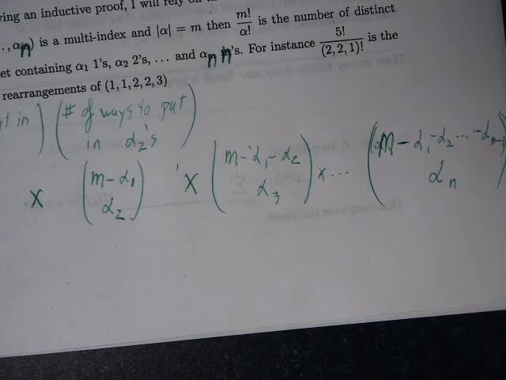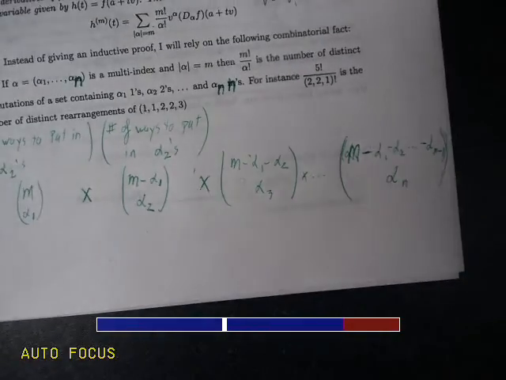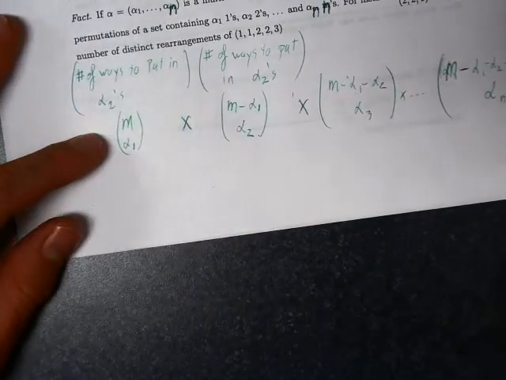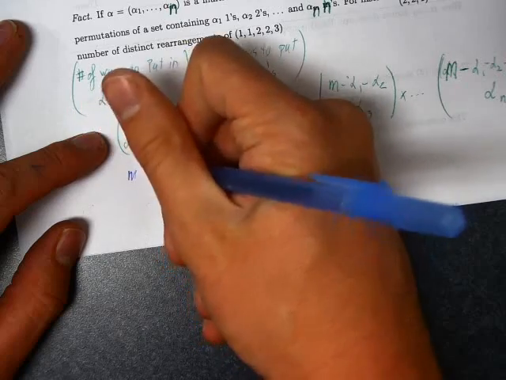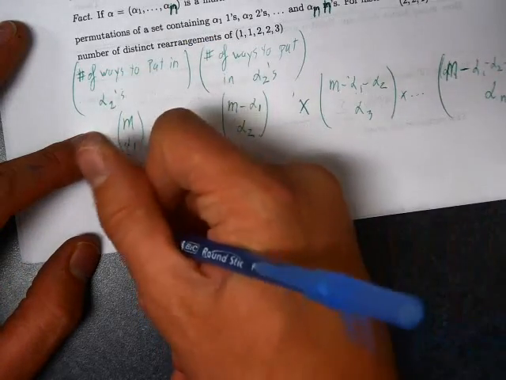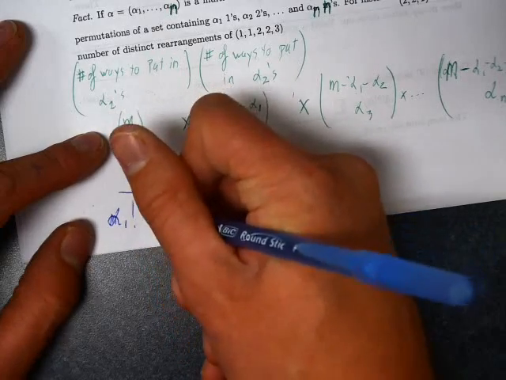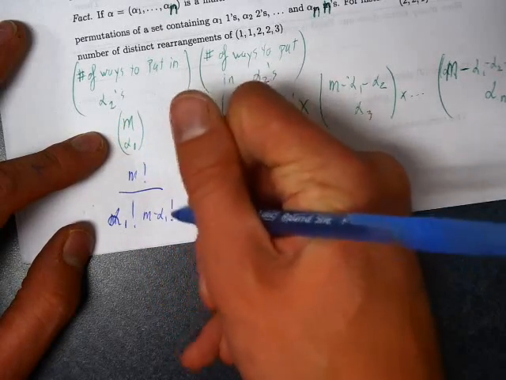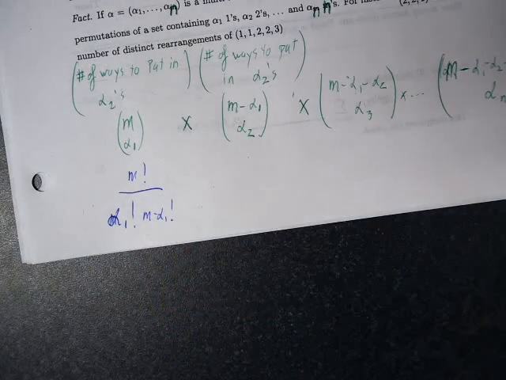So now let's just expand this out and see if it works out to be what we think it should be. What's the formula for m choose alpha 1? M factorial over m minus alpha 1 factorial, times alpha 1 factorial. I'll write it this way just because I think that's the way we'll see cancellation.